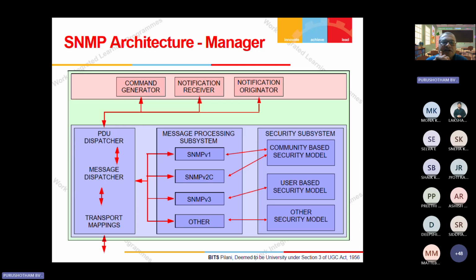So command generator, notification receiver, notification originator. This is the processing system: message processing subsystem, security subsystem, dispatcher, message dispatcher. Then transport mapping. One is the message, another one is the PDU, the actual protocol data unit. So both will have different dispatchers to dispatch.